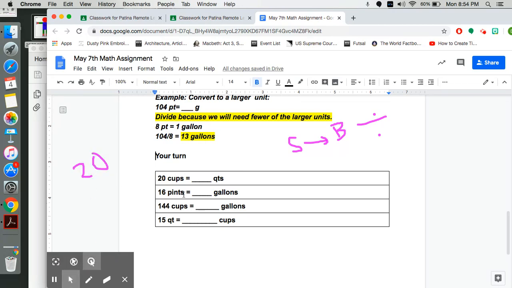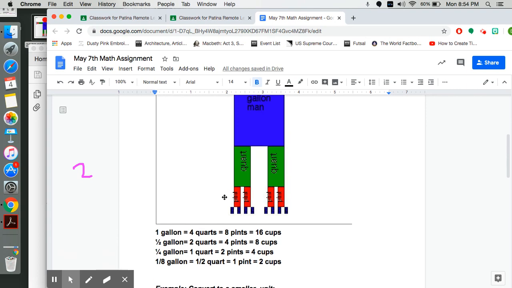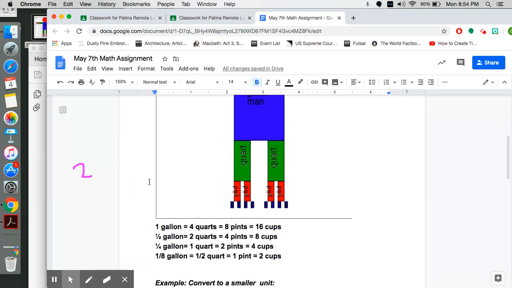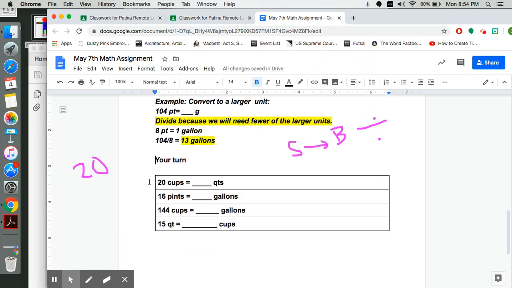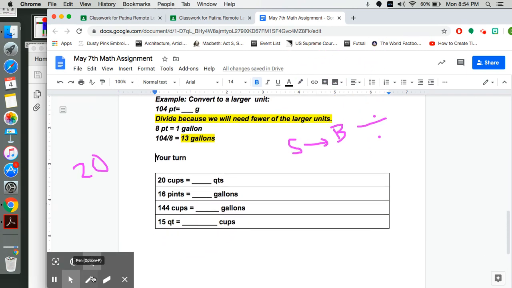So if I go up here and I look at my cups here, well, there's four cups in a quart. So I'm going to be dividing 20 by 4. So I have 20 cups divided by 4 cups in a quart. I would actually have 5 whole quarts. So that would be my answer for number 1 here. Hope that makes sense so far.